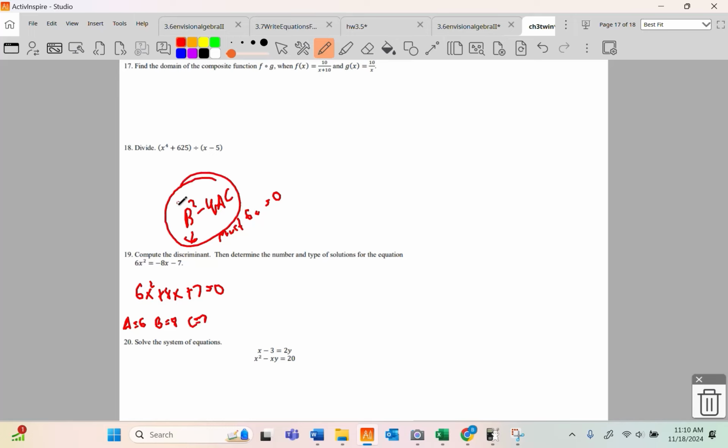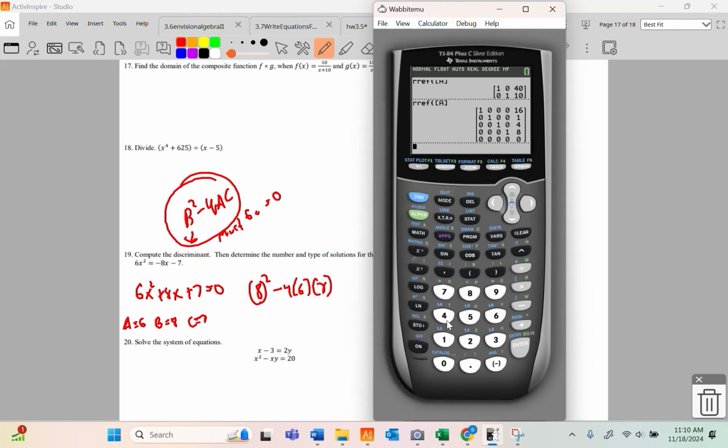And again, I'm going to plug into b squared minus 4ac. I'll have an 8 squared minus 4 times 6 times 7. Let's see what that is. And I got negative 104.